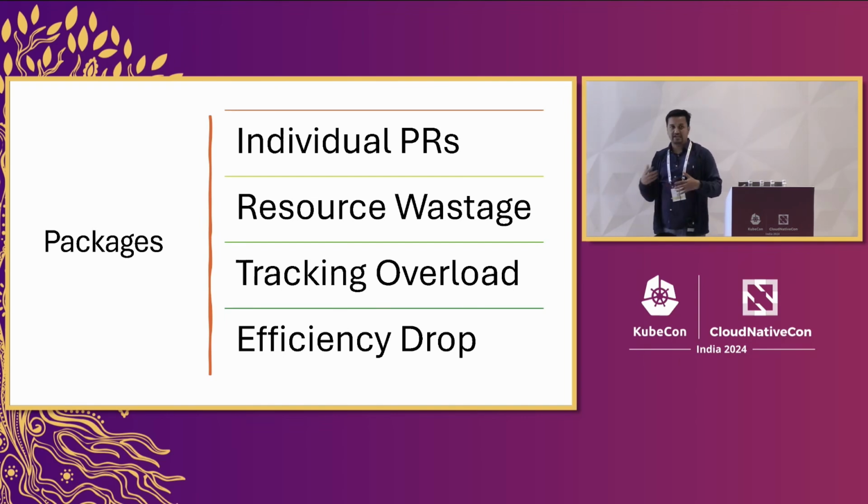So this was getting a bit of a tracking overload, and finally there's an efficiency drop, because the idea of Flatcar was to keep the packages as new as possible. So these are the issues that we faced, but we were slowly going through them, and every month or two, we would see that the number of outdated packages was getting lower and lower.